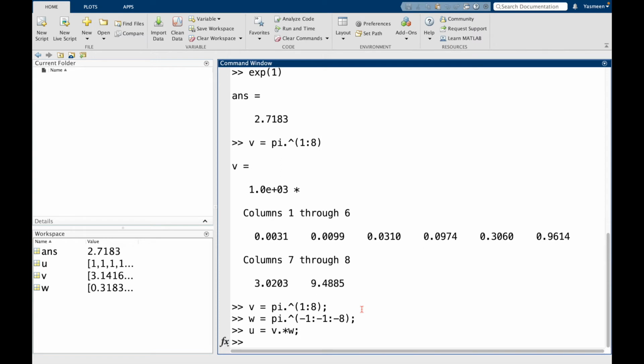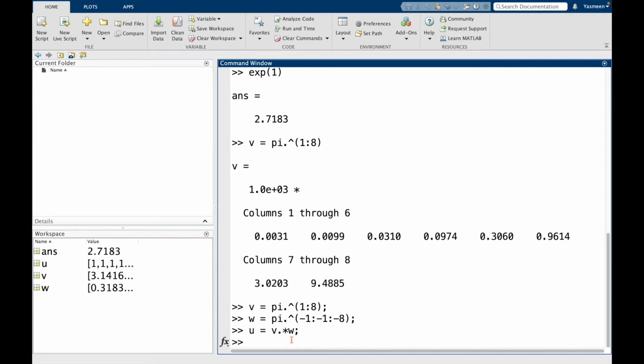So what's going to happen if I do something like u double equals 1? Before we do that, let's do a quick reminder. What this does is it checks every element of u and says, is it equal to 1? Now what we expect is yes, everything should be equal to 1, right? Because we're taking pi to some power n and multiplying it by pi to the negative n, so that should just give us 1.